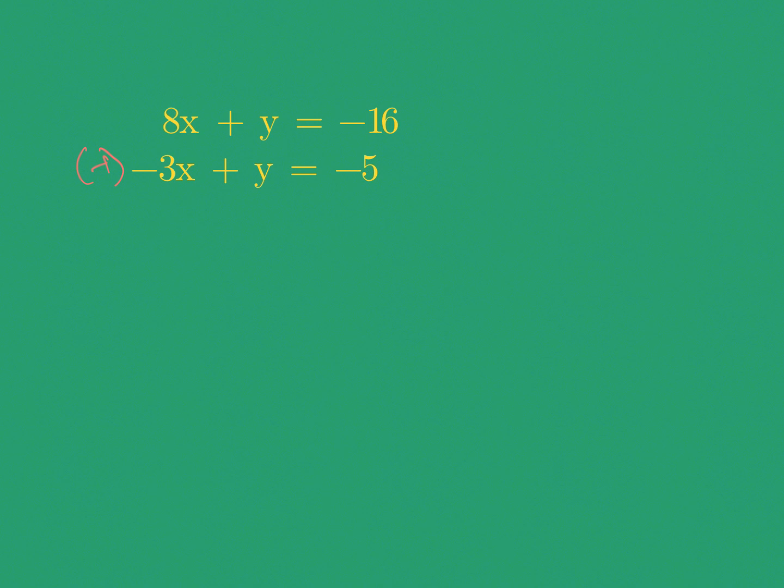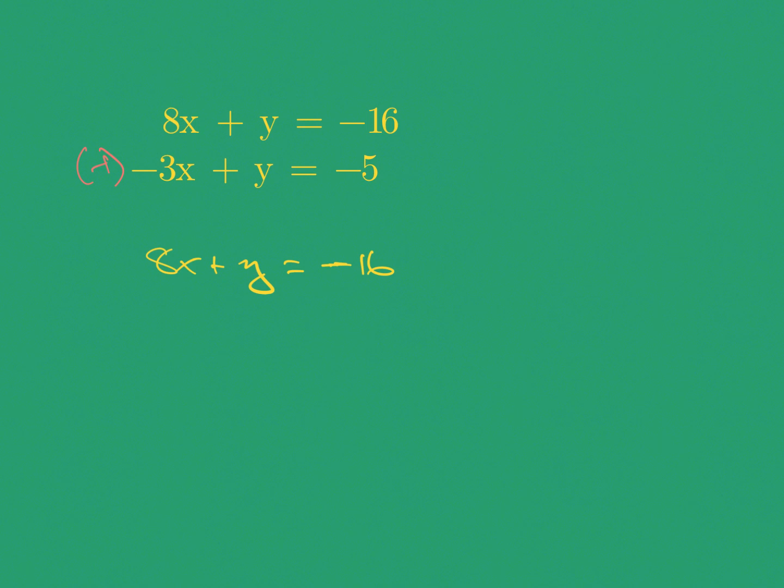The top equation is going to stay the same. The bottom equation, I'm going to multiply by negative 1 all the way through. And I will do that in red here.